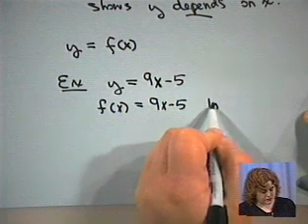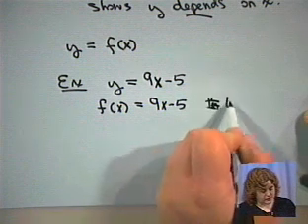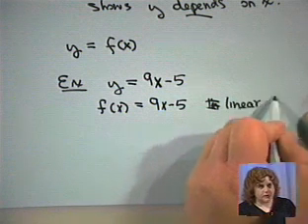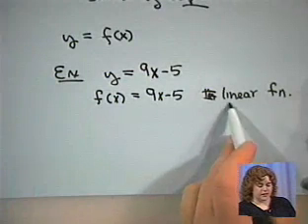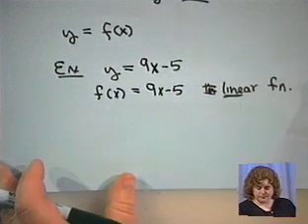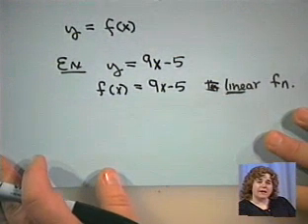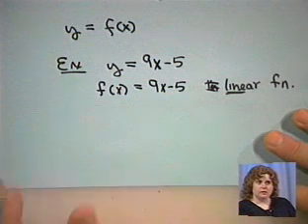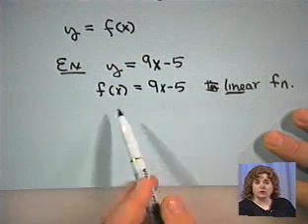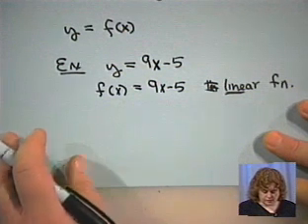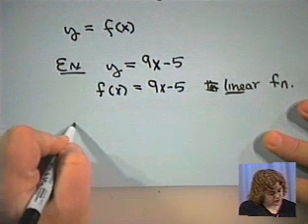Now I'm going to just call it a linear function, fn for function. Okay, linear, line, you see the word embedded in that. Now, I would like to be able to evaluate this function so that I could have coordinates to graph or use in other applications.